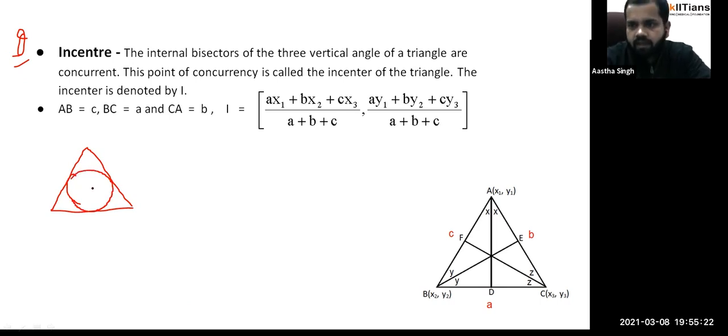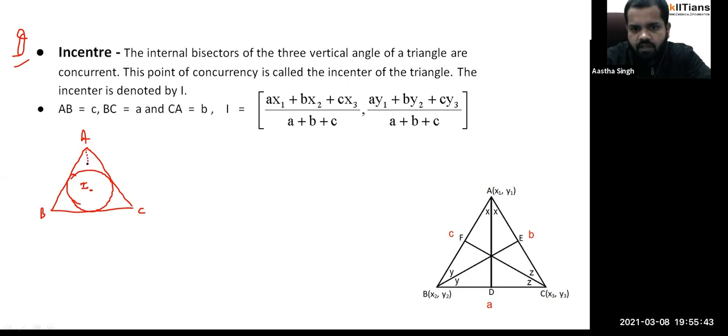Sorry, your incenter is the center of a circle which is inside your triangle and touching all the sides internally, right? So for triangle A, B, and C, the center of that circle will be your incenter, suppose I, right?